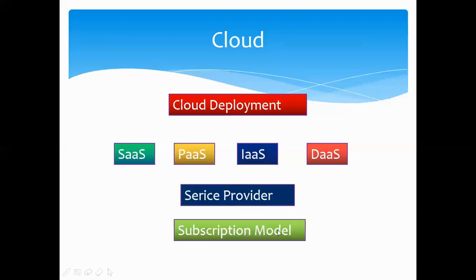Next, let's talk something about the subscription model. What do you know about the subscription model? Now, as I told you earlier, when you are running your own application, you require a database, and then you require your own server where you have stored all your software, hardware, data, etc. So what is it that you require?